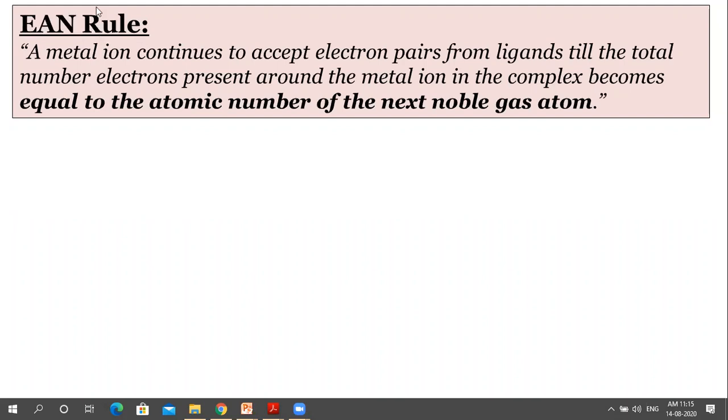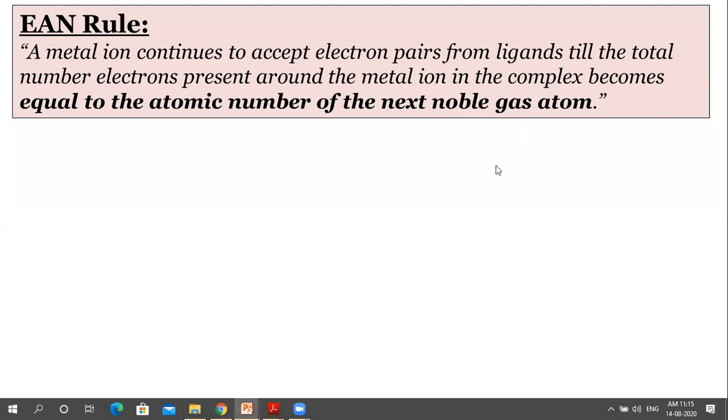And the rule is this: a metal ion continues to accept electron pairs from the ligands. That means the central metal atom in a complex accepts electron pairs from the ligands till the total number of electrons present around the central metal atom becomes equal to the atomic number of the next noble gas atom.